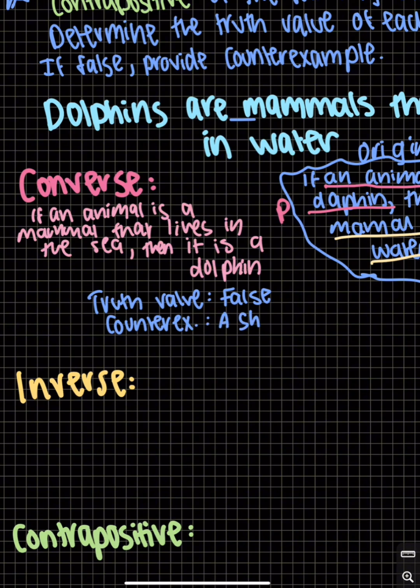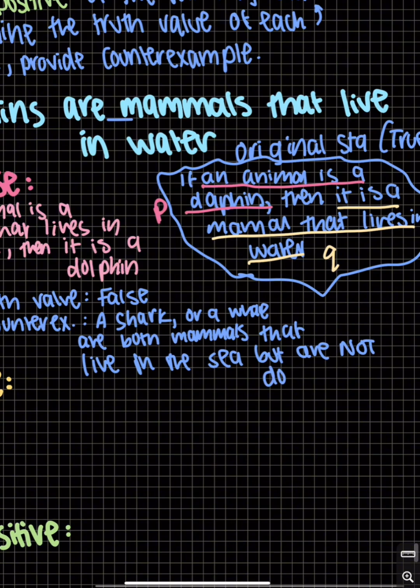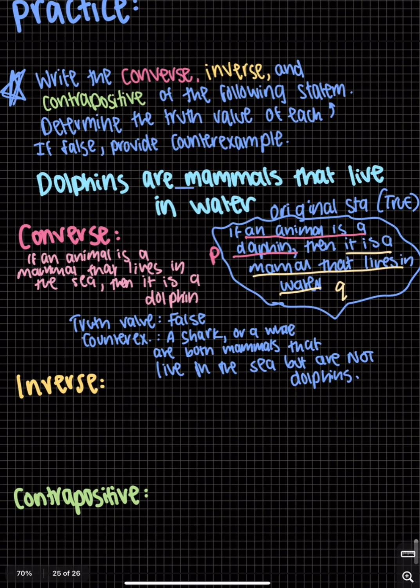A shark or a whale are both mammals that live in the sea, but are not dolphins. Right? So I've just successfully done my truth value and my counterexample. Now let's do the same process for the inverse and contrapositive.